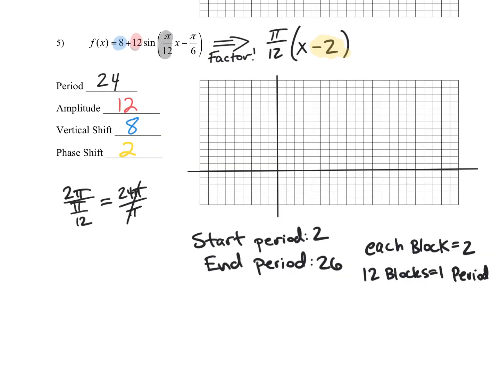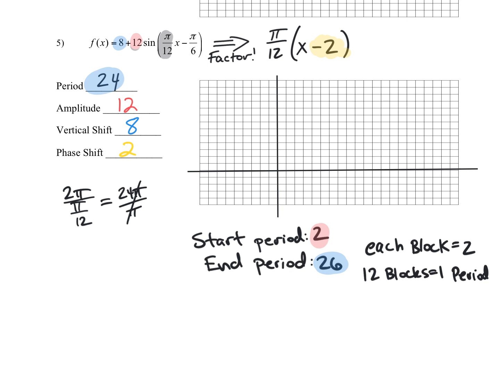So I've set a few things up here just to talk through my process. My phase shift is going to help me figure out where my sine function starts. Because we're shifted 2 units to the right, that's where we're going to start. If I add 24, our period length, to that 2, I get the endpoint of that period.